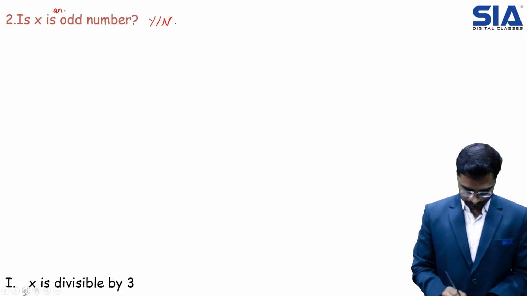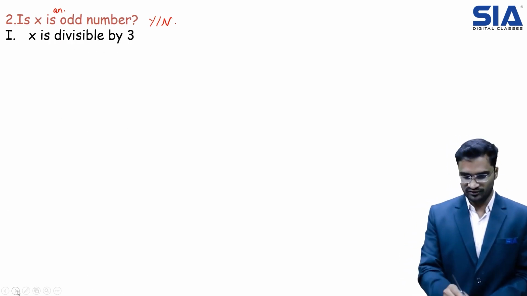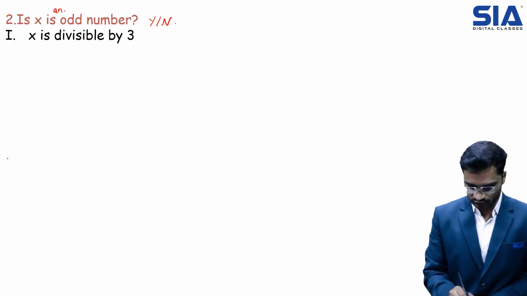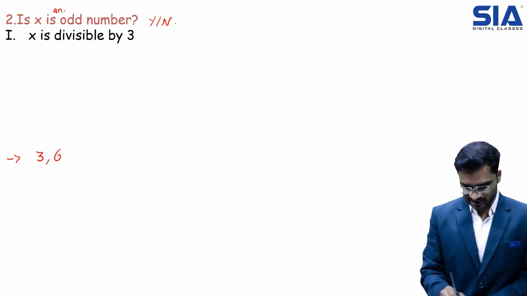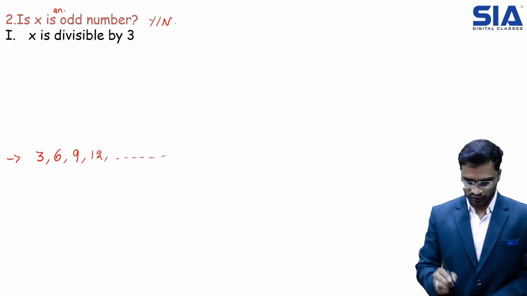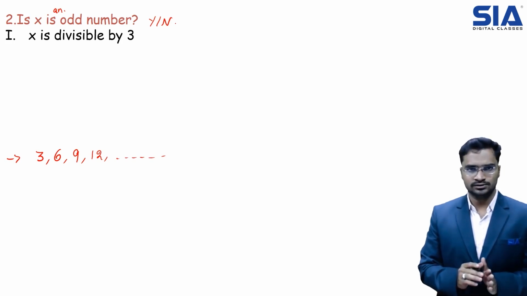Now let us see. Our first statement is x is divisible by 3. So the value of x is divisible by 3. The number 3 is divisible by 3, then 6, 9, then 12 is divisible by 3, and so on. If x value is 3, then is x an odd number?